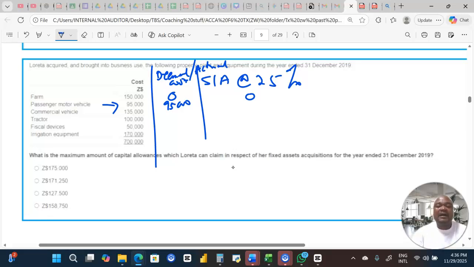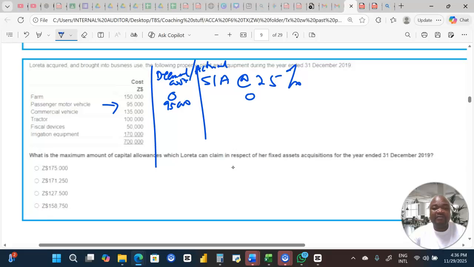And we use the 25%. But like I said, the examiner used 80,000 because by then it was explicit. The website or Zimra themselves in their notices had stated that the deemed cost for passenger motor vehicles should be 80,000.